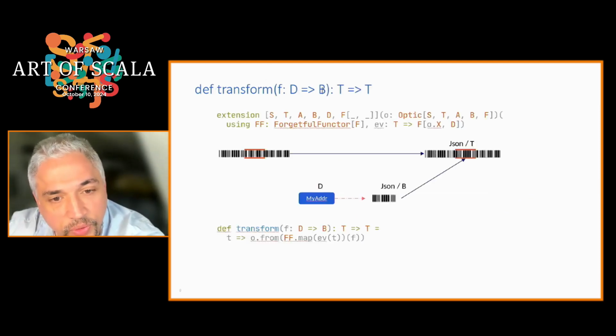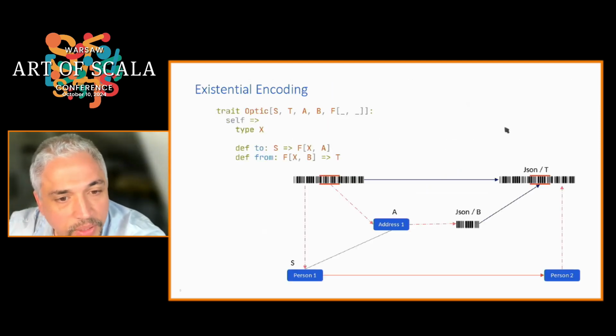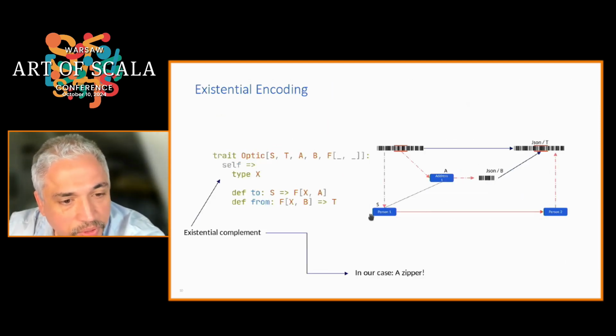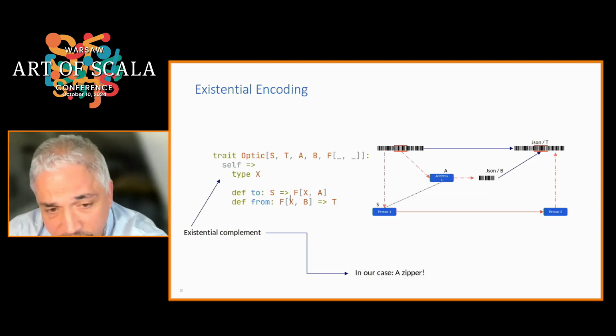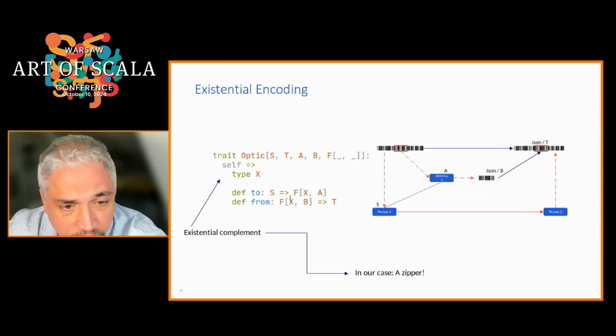And this is general for any optic. And in the special case of JSON, it turns out that this complement can be, instead of, for the case of case classes, in the case of JSON, the complement can just be the zipper, right?